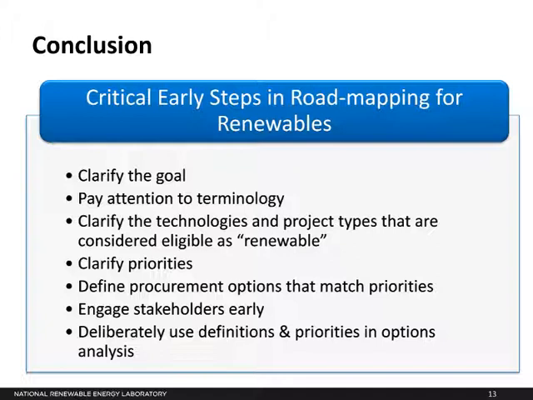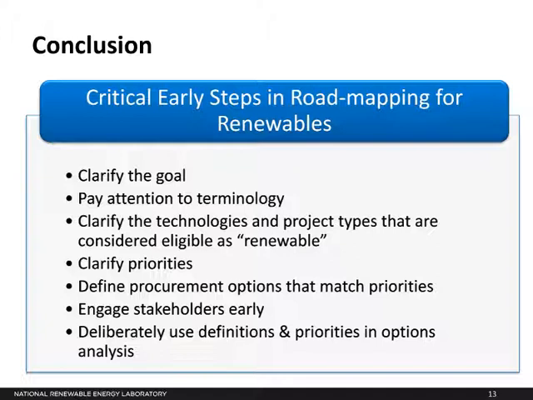Define the procurement options that are going to match all of those priorities, and be sure along the entire process to engage your stakeholders. Make sure that they have input into the definition of the renewables, into the clarification of the priorities, and that they are on board with all of the decisions from the beginning.